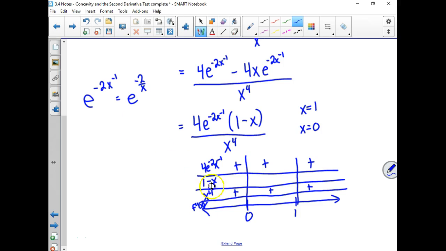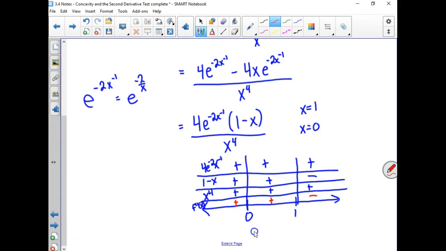And then we've got 1 minus x. So if I plug in a number like negative 1, I'll get a positive. Number between 0 and 1, I'll still get a positive. But for anything above 1, I'll get a negative. So for this, I will get positive, positive, negative. Okay.